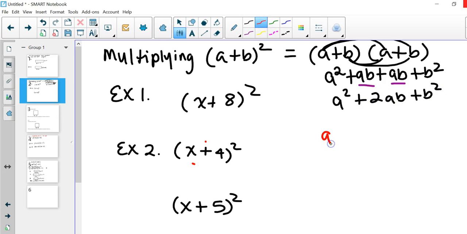So we'll go ahead and do some examples so you see why it makes your life easier to just remember (a + b) squared equals a squared plus 2ab plus b squared. Go ahead and write this down, and then we'll go through some examples.